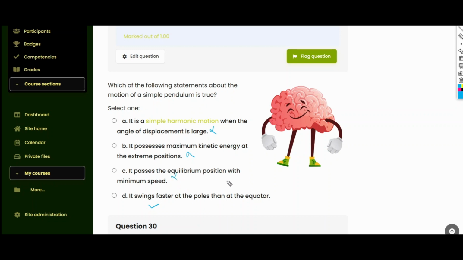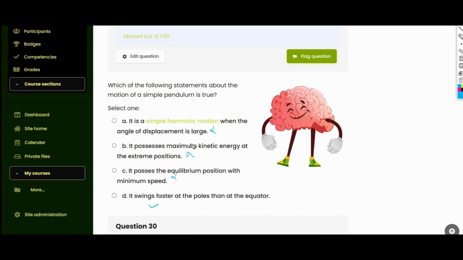It swings faster at the poles than at the equator. We know that the period varies with gravity, and gravity is greater at the poles compared to the equator. The higher the gravitational force, the smaller the period.